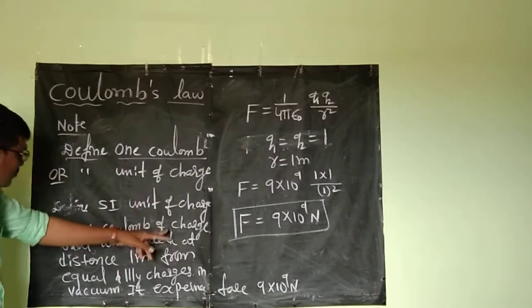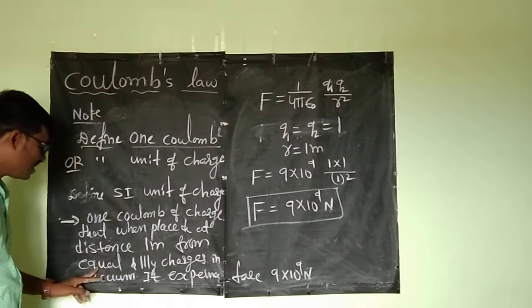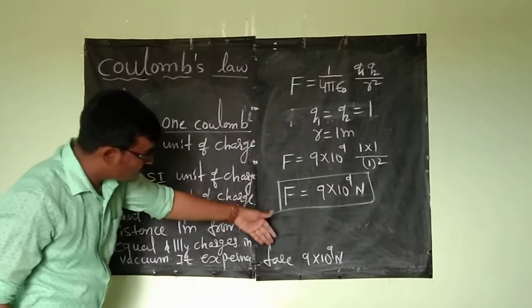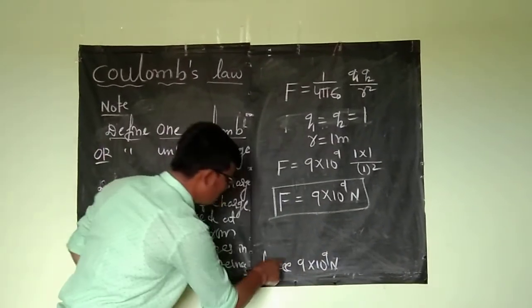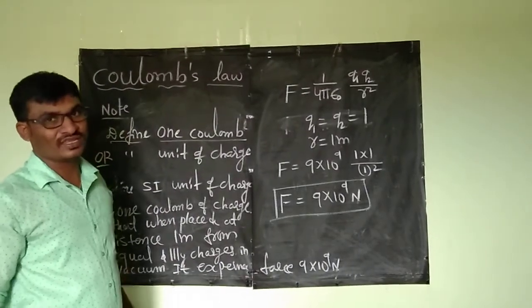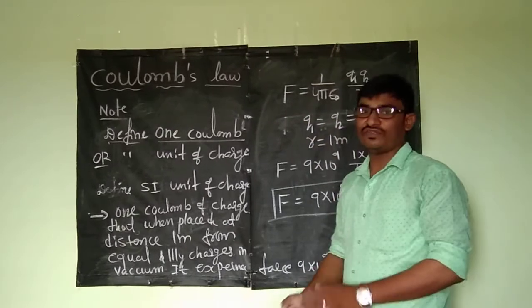Clear? 1 coulomb of charge is that which, when placed at a distance of 1 meter from an equal and similar charge in vacuum, experiences a force of 9 into 10 to the power 9 Newton. Like this, we have to define 1 coulomb of charge.